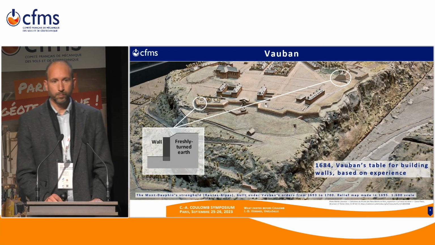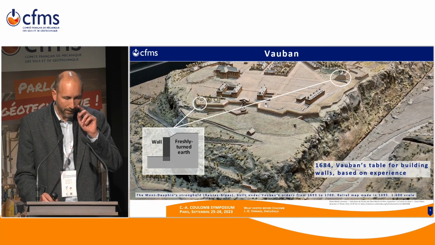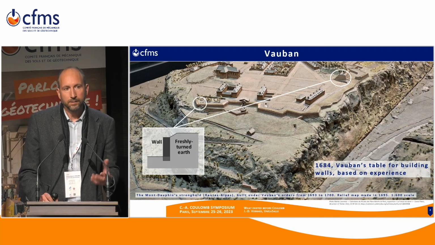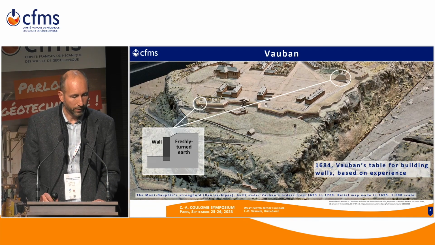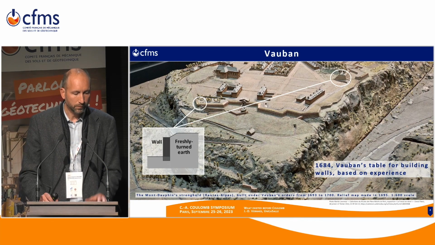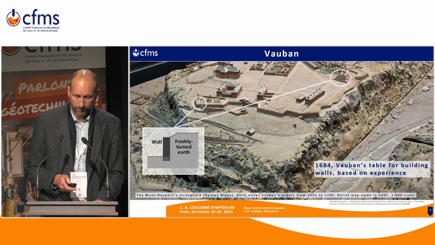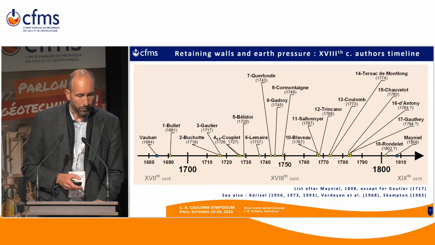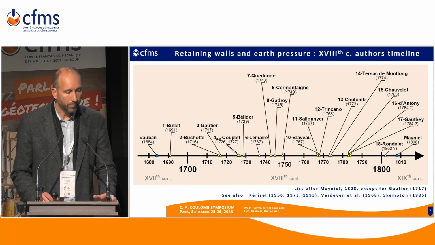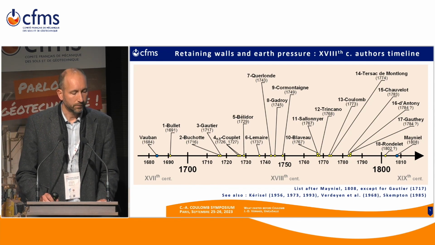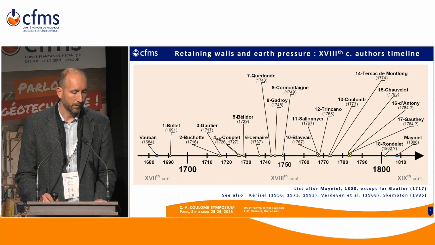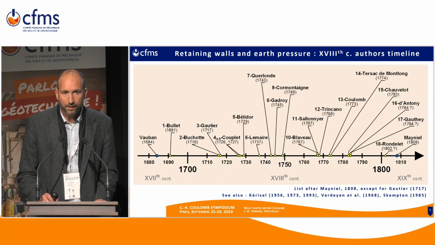This table was based on experience, and this actually launched almost 100 years of scientific activity within the French military engineers community. This is a timeline that I built thanks to a very important document published in 1808 by Méniel.